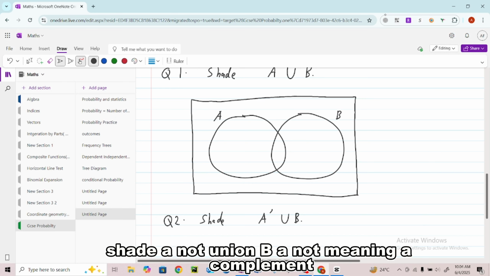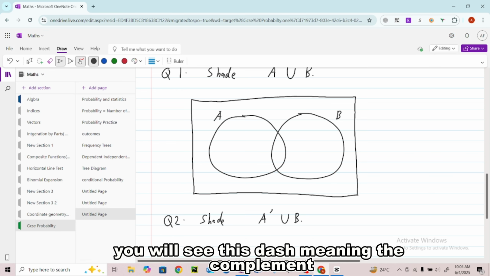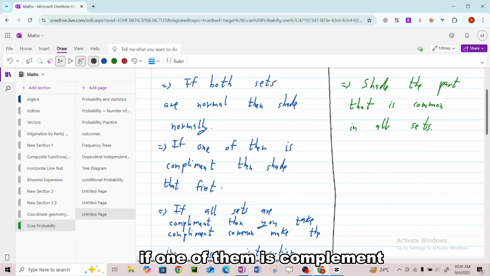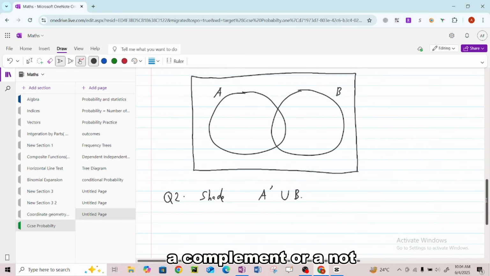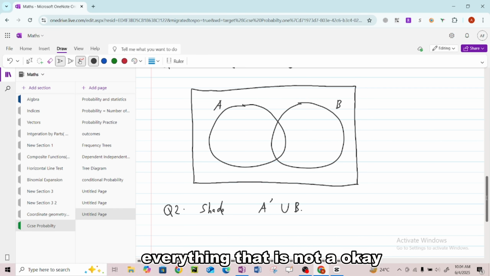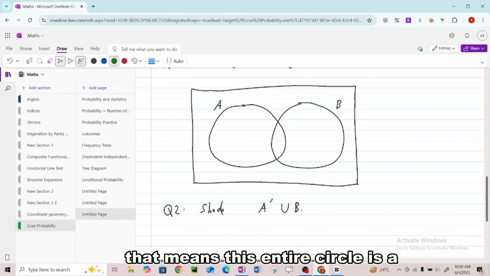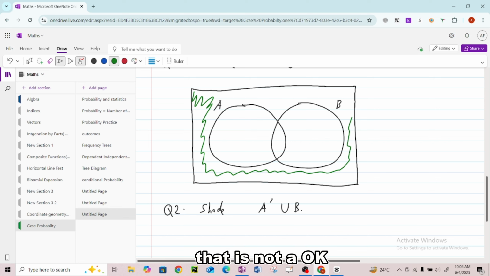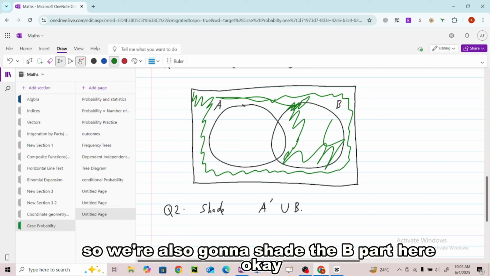Second question, shade A naught union B. A naught means A complement. You will see this dash meaning the complement. We had the second case: if one of them is complement, then shade that one first. A complement or A naught basically means everything that is not A. This entire circle is A, so we're going to shade everything that is not A, which includes the B part here.